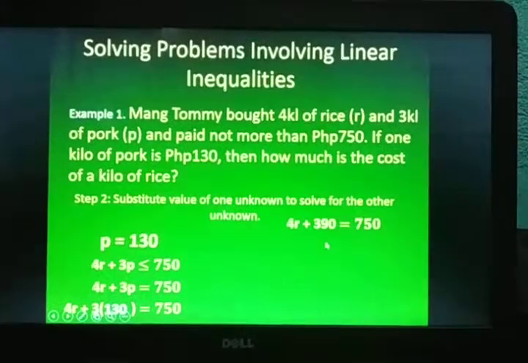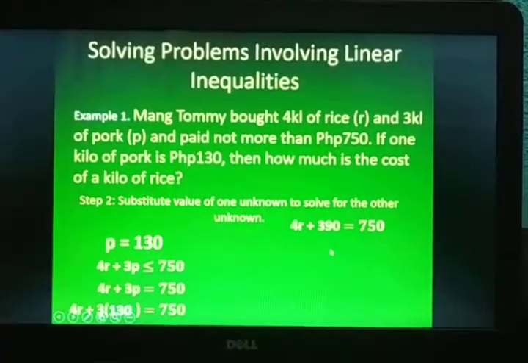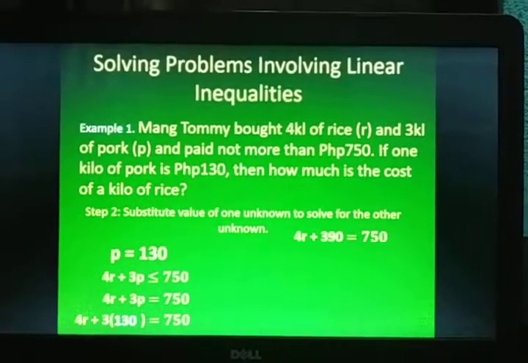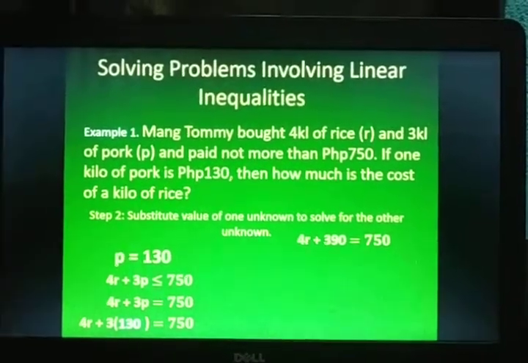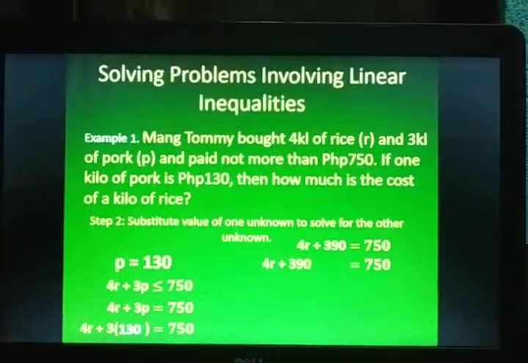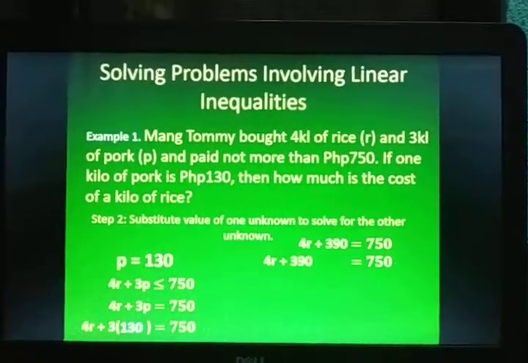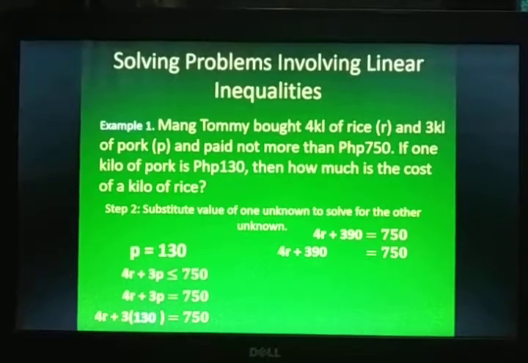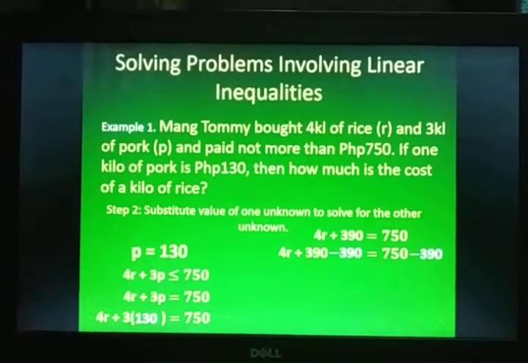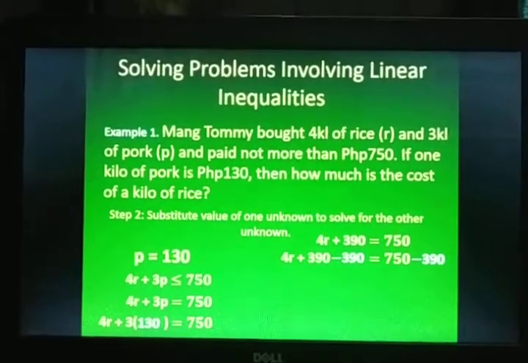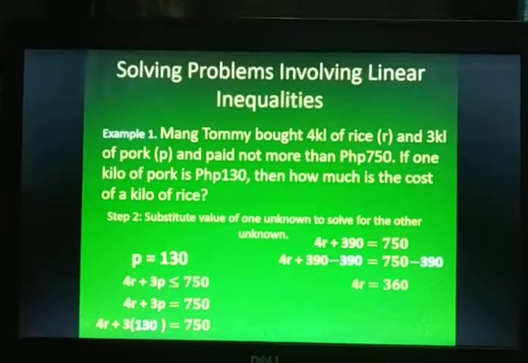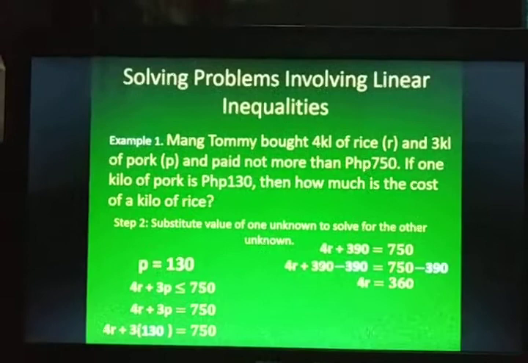To find 4R, we are to add the additive inverse of positive 390, and that is negative 390. Copy, and then both sides of the equation will have negative 390. So that 4R will remain, 4R equals 750 minus 390 is 360.